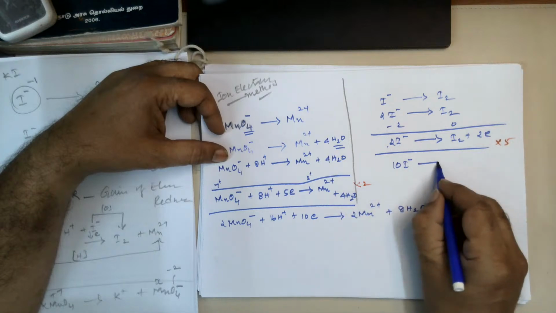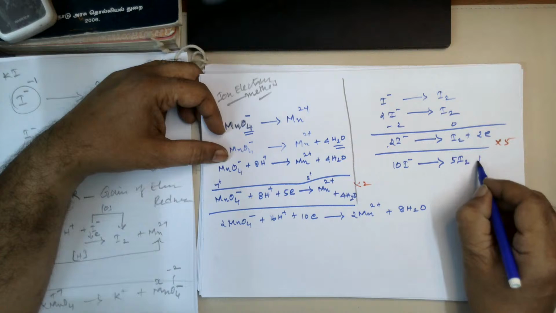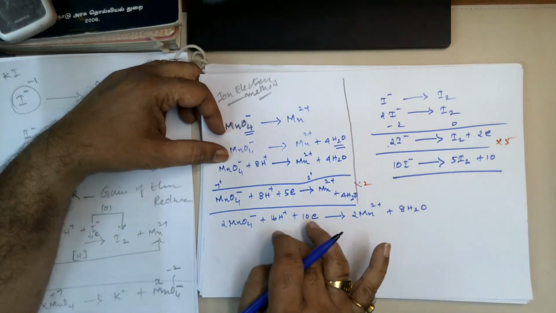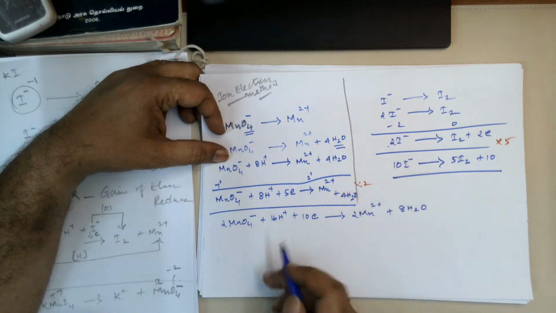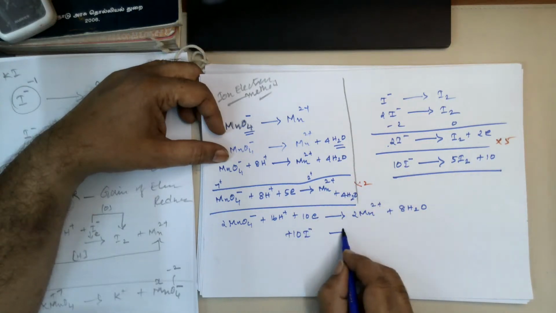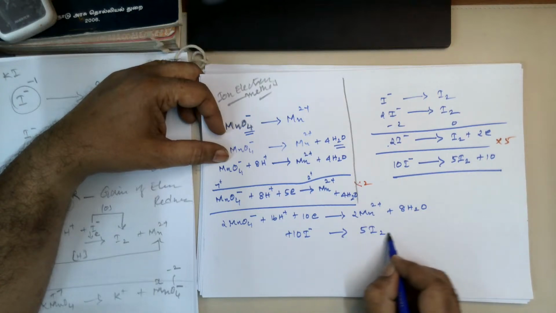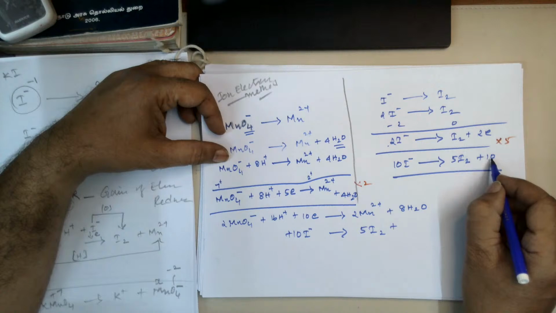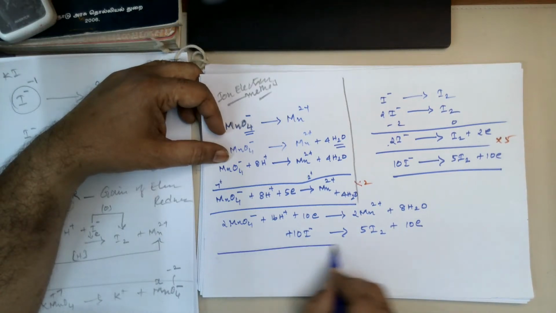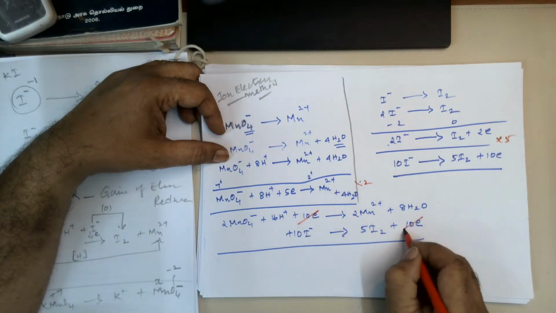Got it? And then 5 into 1, 5I2, and then 10 electron. Right? Now we can add these two. So 10I minus, and here 5I2. Got it? And then here 10 electron again. Now let us strike out. So this is 10e, 10e cancel.